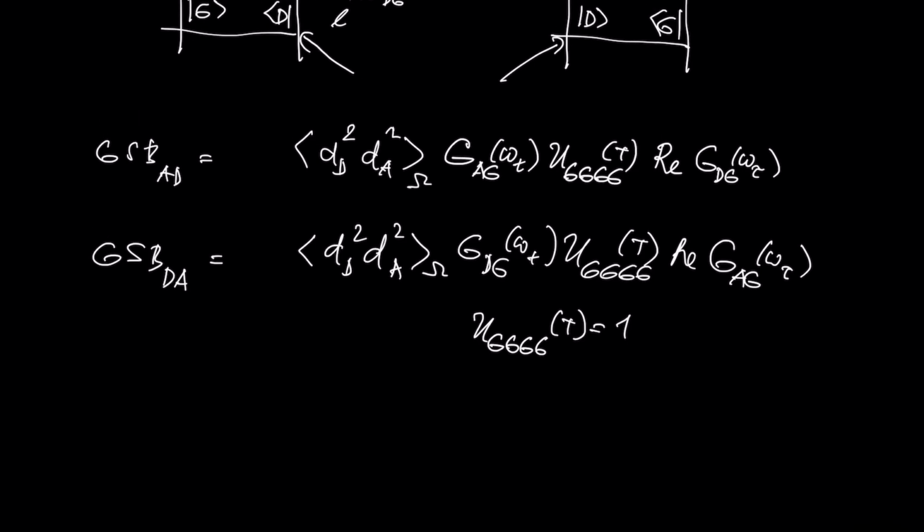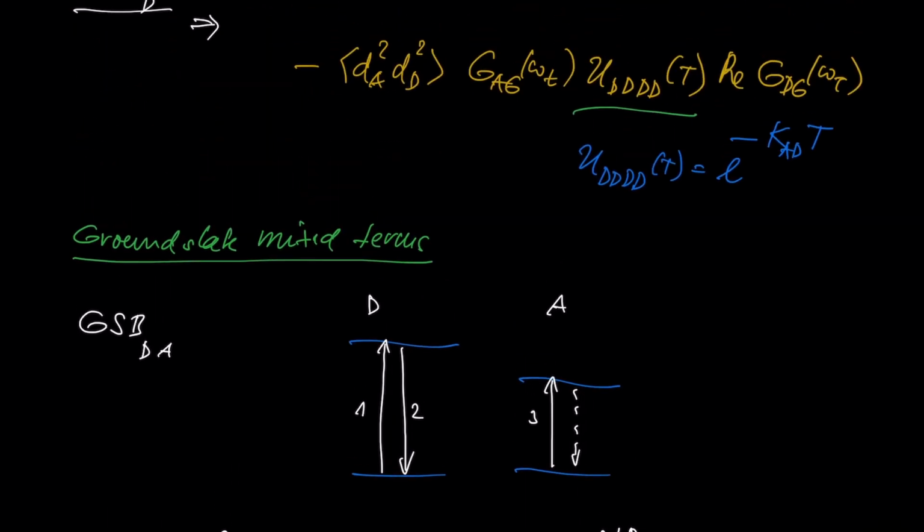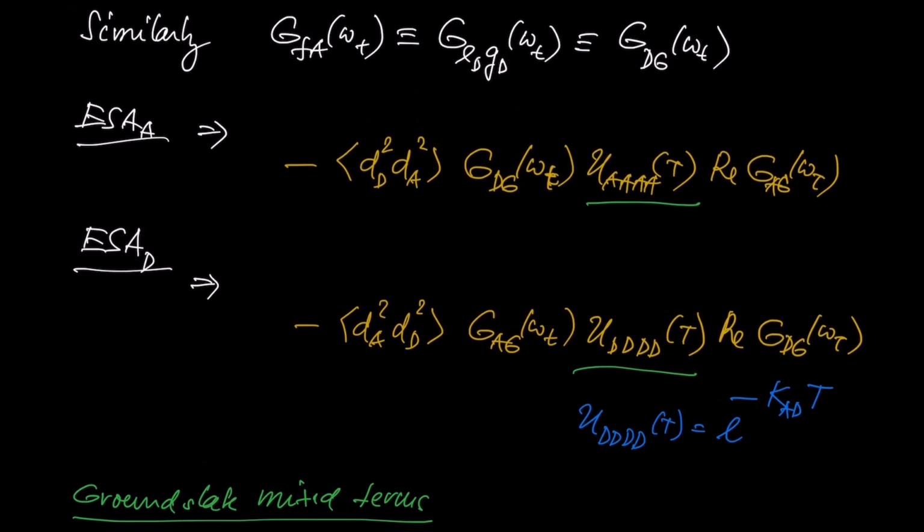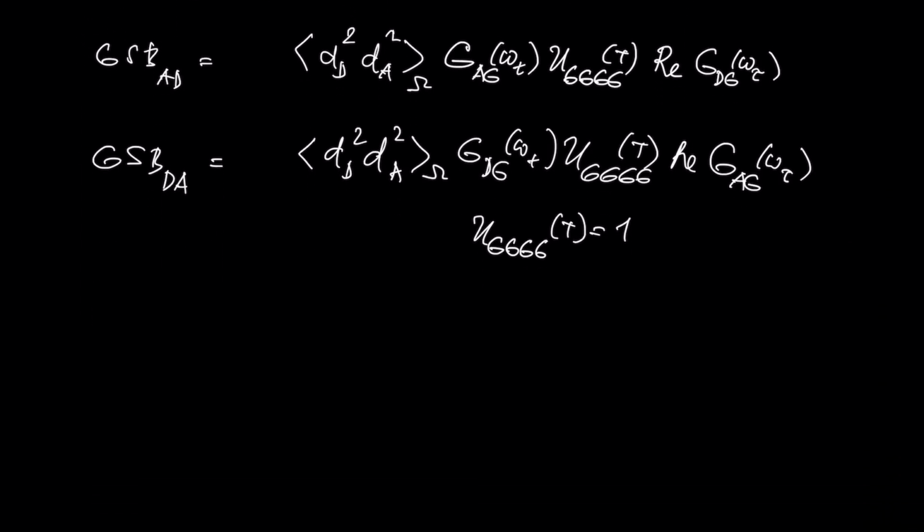So far we didn't have those terms. All our combined terms always had evolutions that sometimes accounted for depopulation, like here, but they have never actually accounted for transfer. So UDD has to decay like this because there is energy transfer between D and A, but we haven't used the transfer term yet.